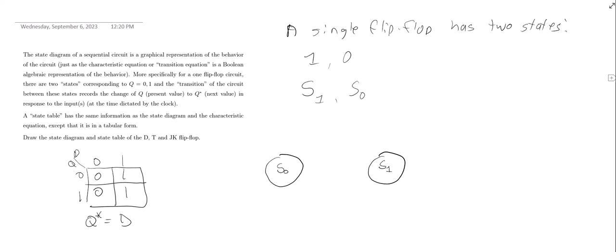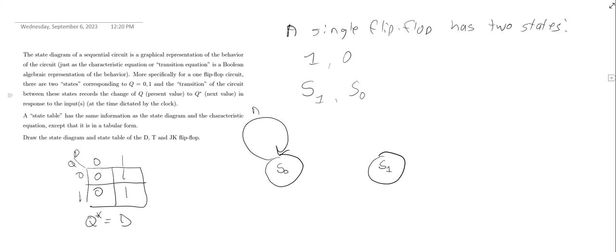If I'm in state 0 and the next input I get is D equals 0, what state do I go to? Stay in 0. And we represent that with an arrow like that.